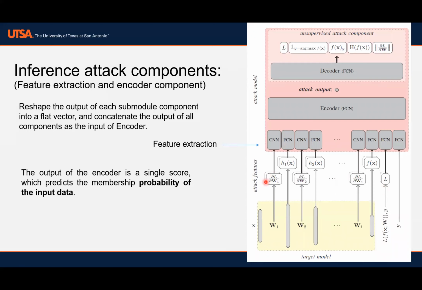So for the unsupervised one, they reconstruct some key features of the input data, like the loss or the gradient of the loss. Because if the data is in the training data set, the distribution of the gradient of the loss may be different, so they can use that difference to cluster.